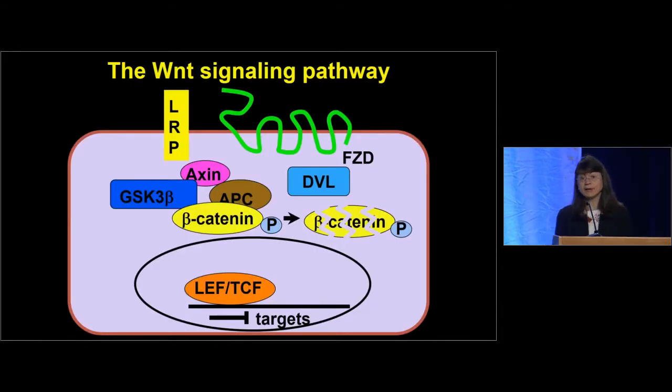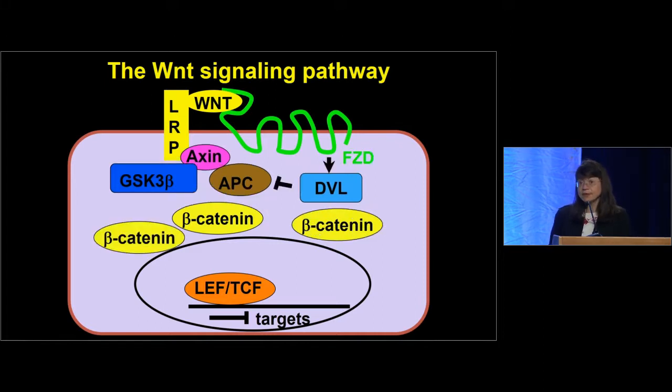So Wnts are secreted ligands that activate the beta-catenin pathway by interacting with Frizzled receptors and LRP co-receptors, and this serves to inactivate a complex of proteins that normally phosphorylates beta-catenin in the cytoplasm and targets it for degradation.